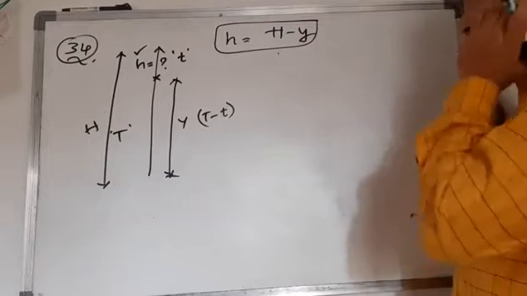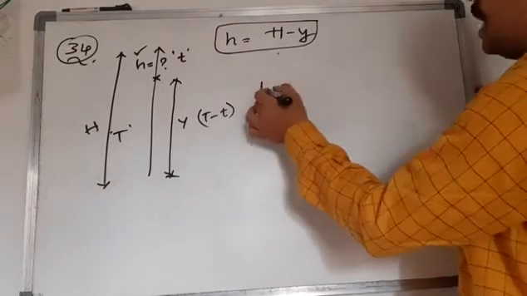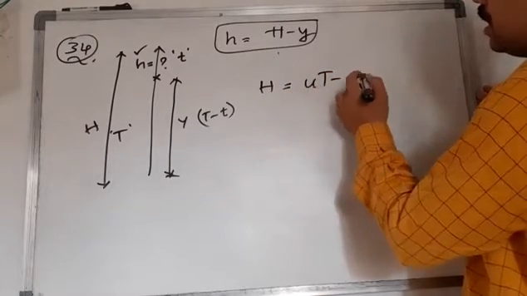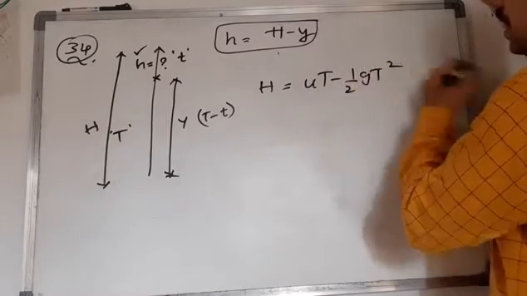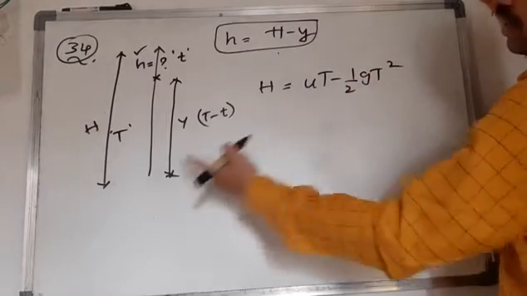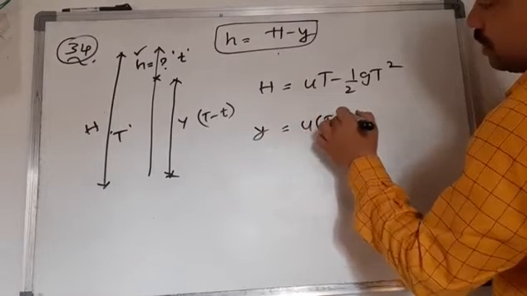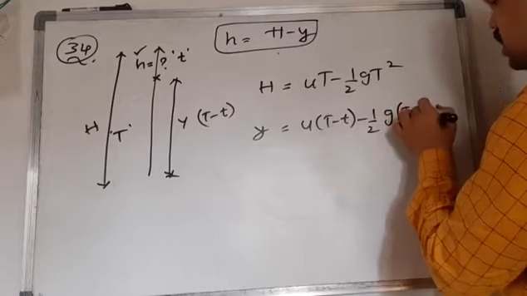This is our target. So to do this, first of all, write down the H value. We know H value, that is u capital T minus half g T square, the total height reached by the body. Small y is equal to u into (T minus t) minus 1 by 2 g (T minus t) whole square.